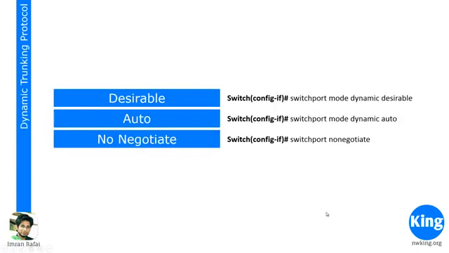When we talk about switch port modes, there is another protocol we need to talk about, and that is the Dynamic Trunking Protocol. This protocol is Cisco proprietary. That means you cannot use this protocol with any switch manufactured by any other manufacturer. Only if you're using a Cisco switch would you be able to use this protocol called DTP.